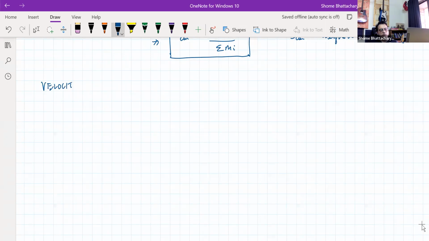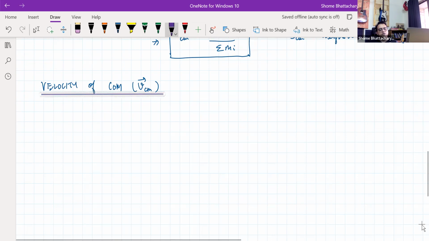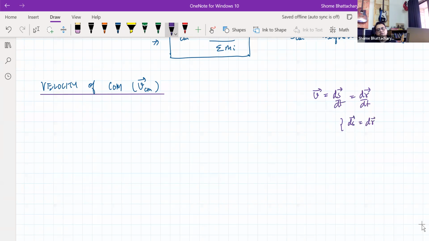So velocity of the center of mass, which we can denote by a symbol like VCM or VC, whatever. By definition, the velocity of any point is defined as the instantaneous rate of displacement with respect to time, or that is the same thing as the instantaneous rate of change of position, because for a small displacement, ds is the same thing as dr.